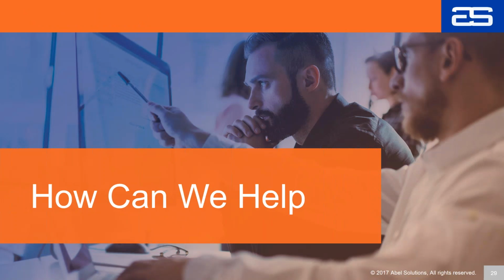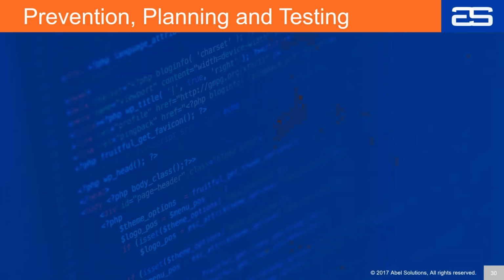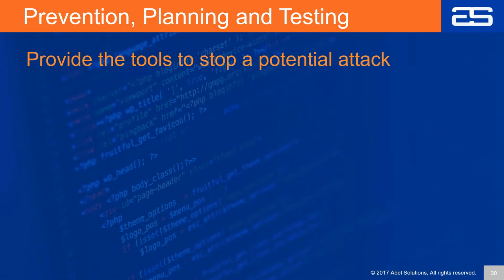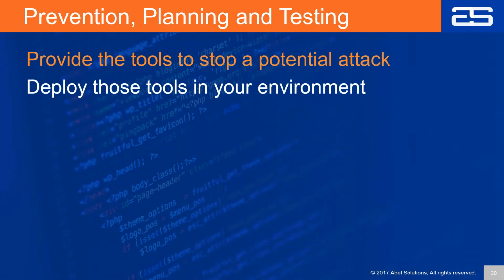So we'll talk a little bit about how we can help. The big thing there is prevention, planning, and testing. And Abel Solutions can help with all of these. We can help provide the tools to prevent a potential attack. We can deploy or assist you in deploying these tools in your environment.